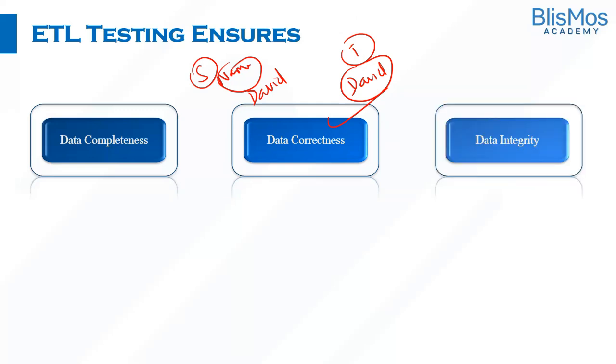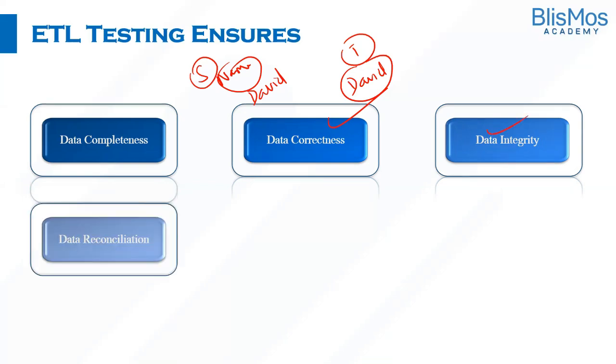Data integrity is one of the very important aspects of the data warehouse. ETL testing ensures data integrity is taken care of. Data integrity is in a way a measurement which users consider when analyzing the value and reliability of the data.